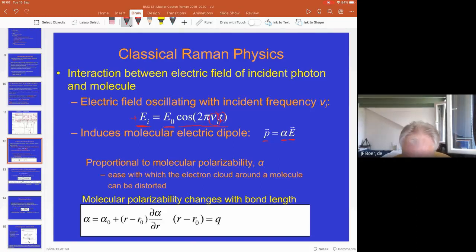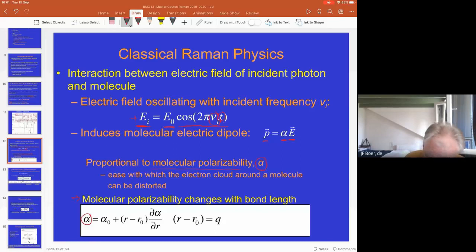So the induced dipole in the molecule is proportional to what we call the molecular polarizability, alpha, or the ability to distort this electron cloud. It tells you how easy it is to distort the electron cloud around the molecule. The molecular polarizability changes with the bond length, or the distance between the two atoms. So how easy it is to distort the electron cloud, that parameter alpha, depends on the distance between the two atoms in the molecule.